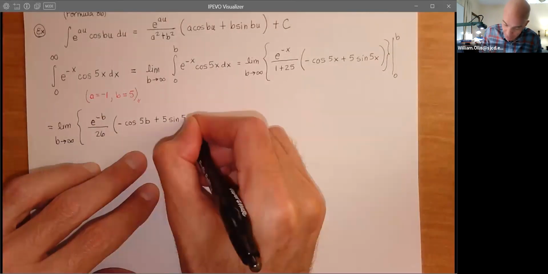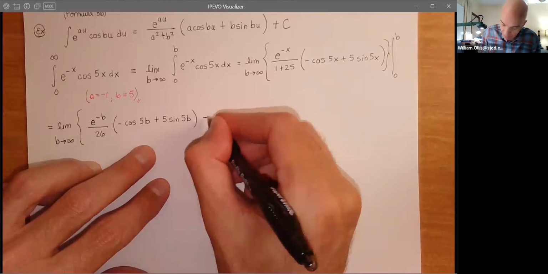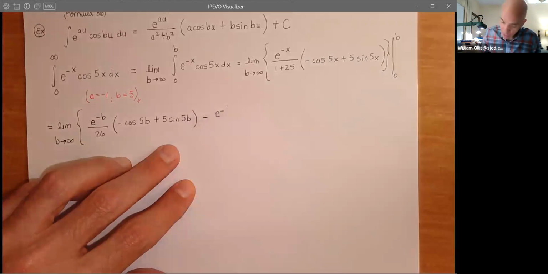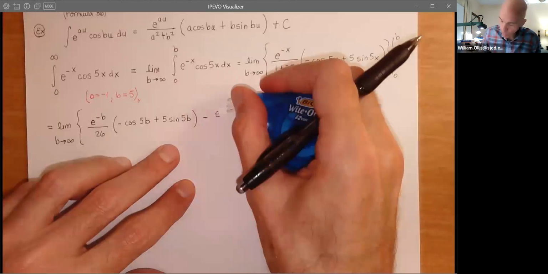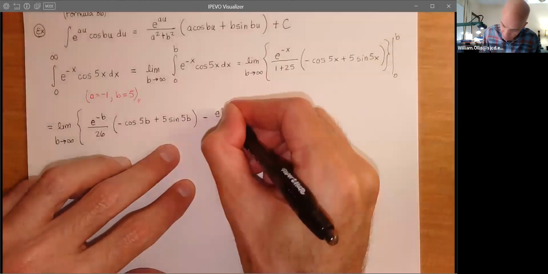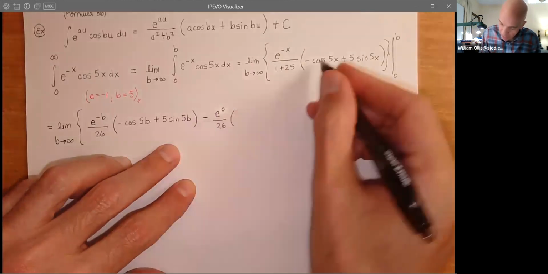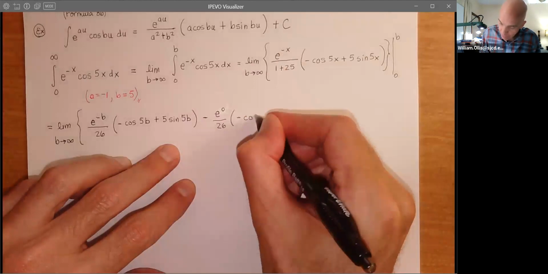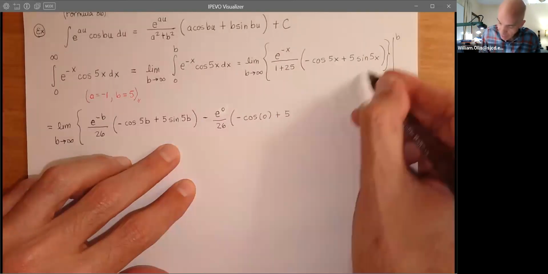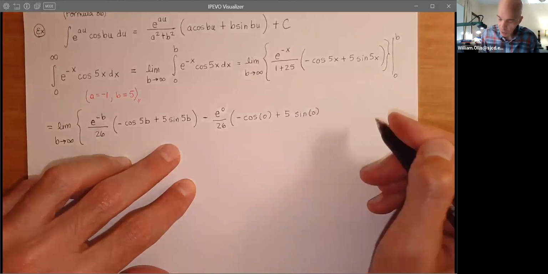Just replace x with b. Then we have minus e to the negative. Now, of course, now we have 0, so I won't put a negative 0, just go ahead and put 0, over 26. And so here we have negative cosine of 0 plus 5 times sine of 0. I'll put the parentheses around the 0 so it doesn't look like an O.